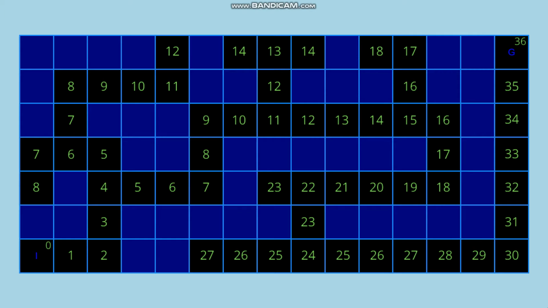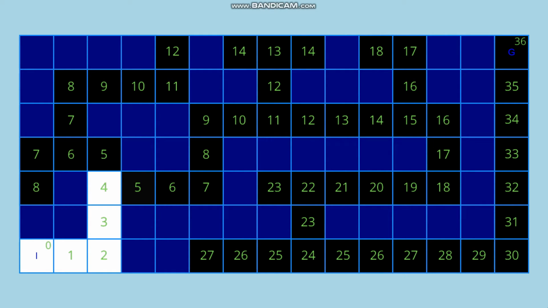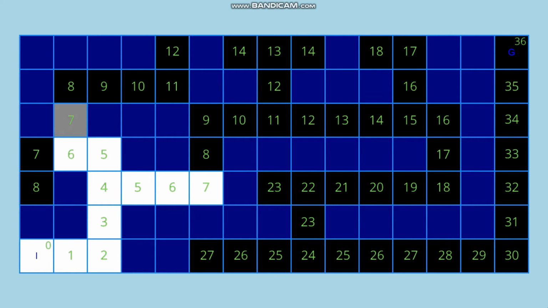BFS will start exploration from the node which is marked I. At situations where BFS has to choose which node to explore first when multiple nodes are an equal number of steps away from the node marked I, BFS will just randomly explore any one of the nodes first before the others. There is not a real preference here, as we discussed earlier. This process of exploring the nodes in a breadthward motion continues until the solution is found.